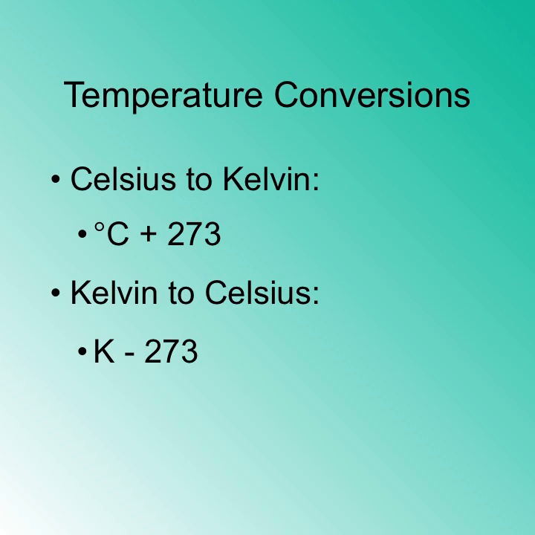So let's take the Celsius temperature that we started with in the second example, 25 degrees Celsius, and let's convert it to Kelvin. It's a very easy process. All you do is add 25 to 273, and that is the magical conversion to Kelvin, and that means it is 298 Kelvin.